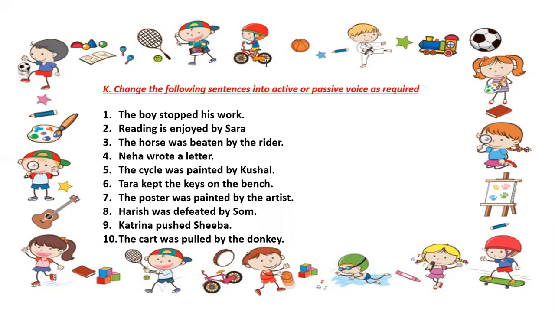Neha wrote a letter. A letter was written by Neha. The cycle was painted by Kushal. Kushal painted the cycle. Tara kept the keys on the bench. The keys were kept on the bench by Tara.